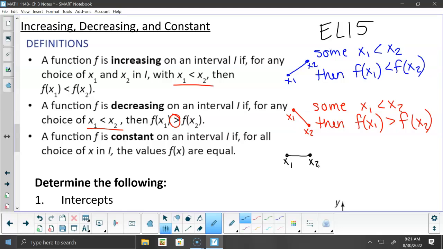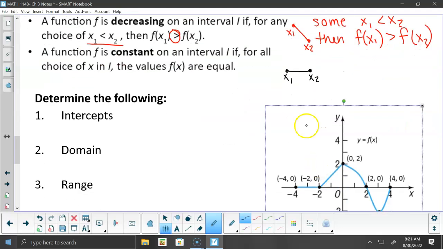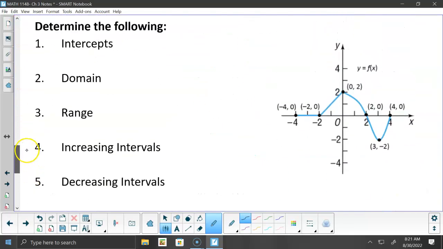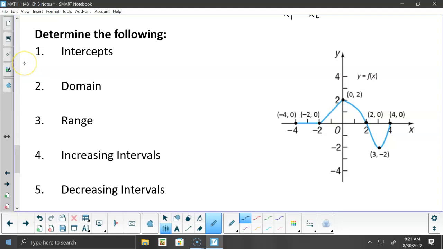So, I have a picture. Oops. So we are going to determine the following, leave a couple spaces, and try to sketch that picture in if you can.